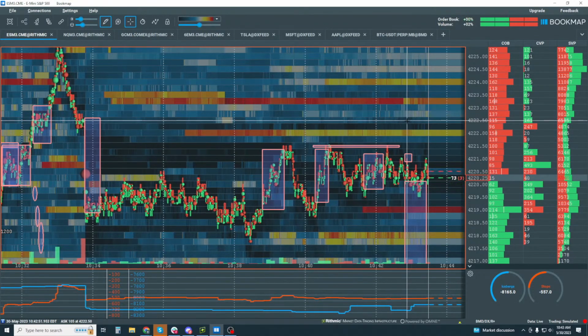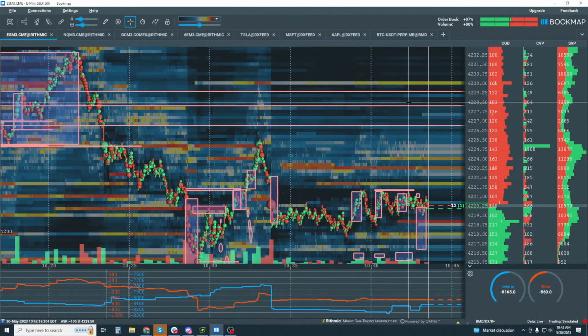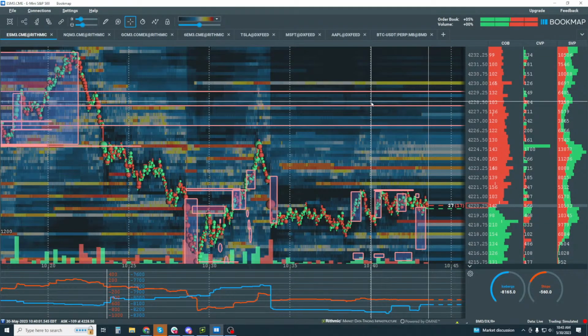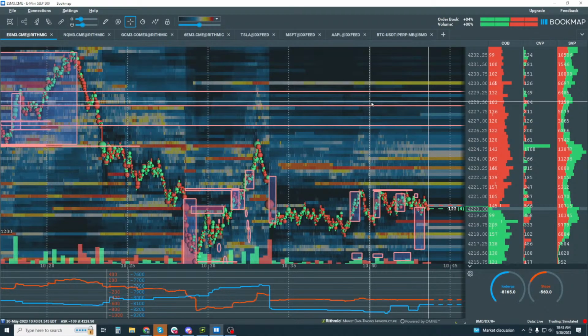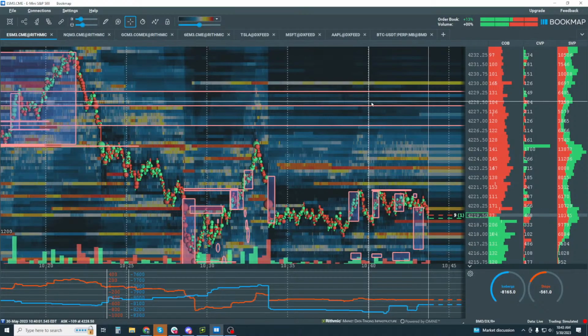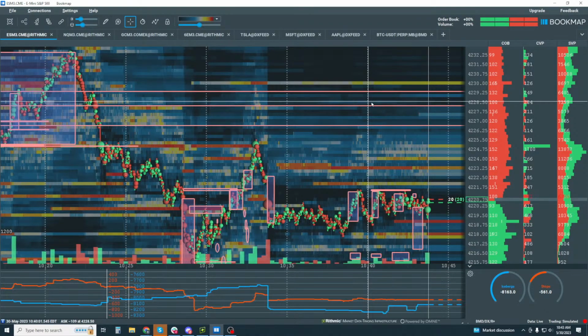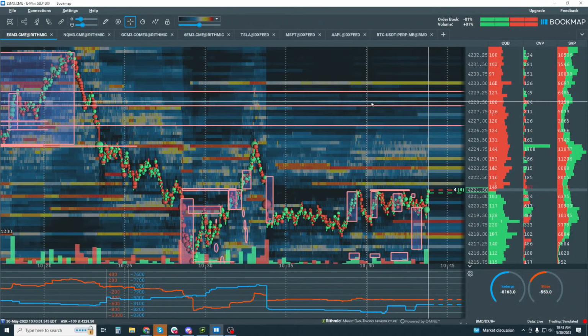Easy setups were earlier. Yeah, that's usually the case, Captain Price. Usually we get these momentum plays, continuation of momentum plays around 10, and then around 10:30 it starts to get a lot more difficult. Yeah, and it's all over the place.